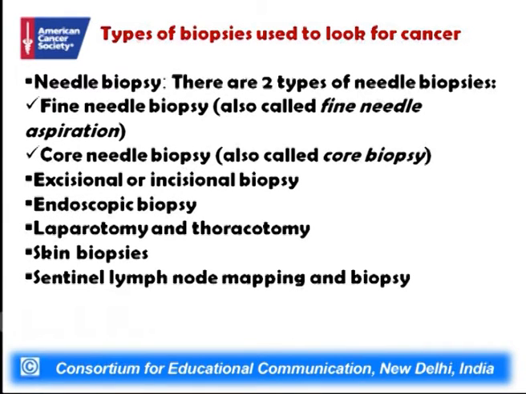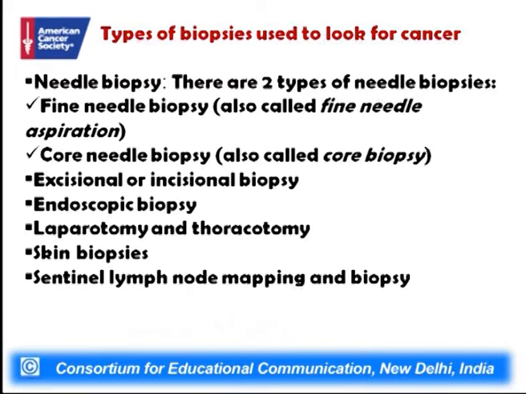Now, the various types of biopsy which are generally used to look for cancers have been classified into various categories. The first and foremost is the needle biopsy. There are two types of needle biopsy. The first one is the fine needle biopsy, which is also known as fine needle aspiration. The second form of needle biopsy is the core needle biopsy, also called the core biopsy.